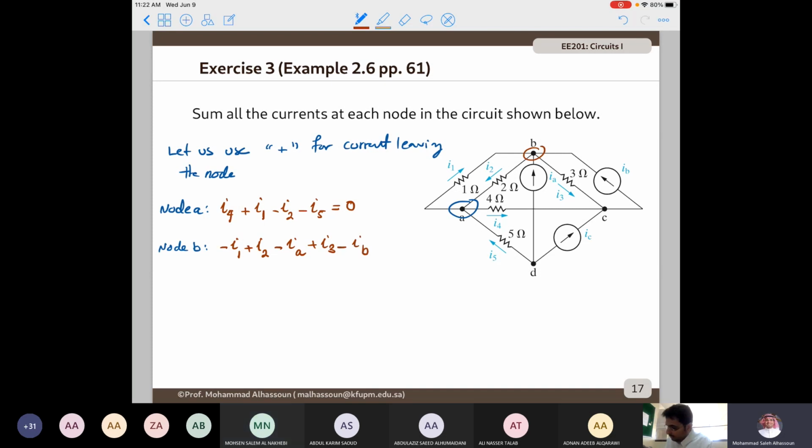Equals to 0, yes. Remember guys, the sum of the currents entering and leaving the node should be 0. The sum of the currents at any node should be 0.